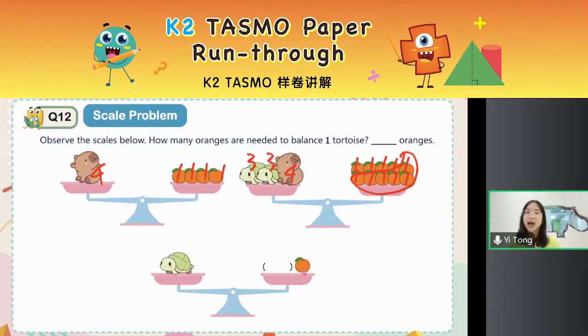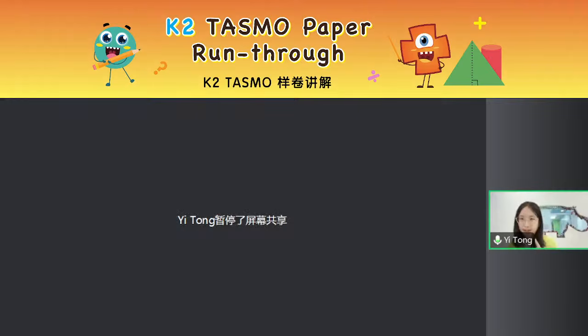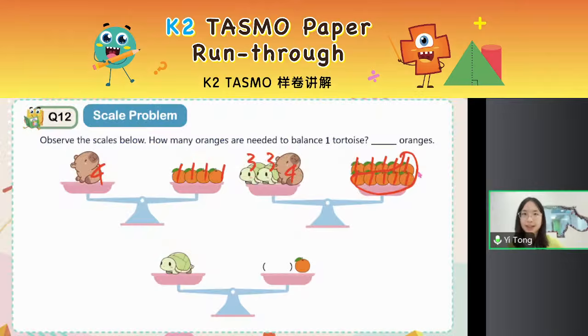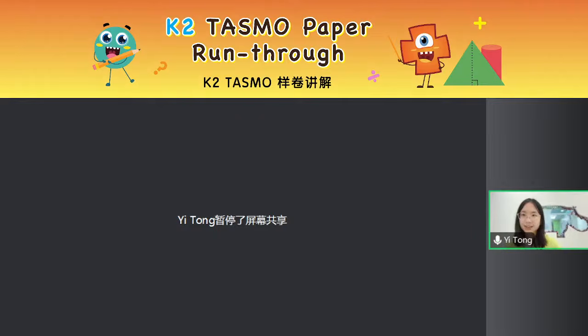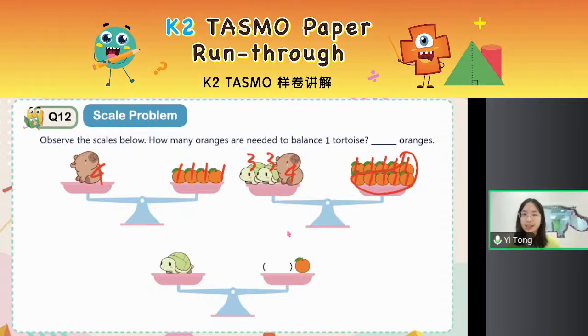Now be careful for scale problem. This doesn't mean there is 1. So what does it mean? This doesn't mean that it's understand how many oranges are there.